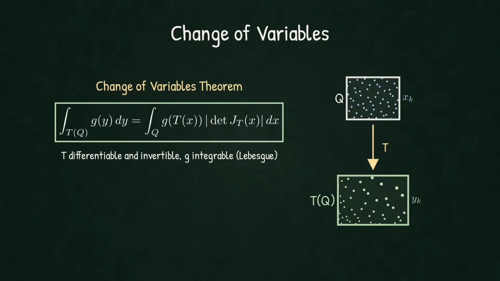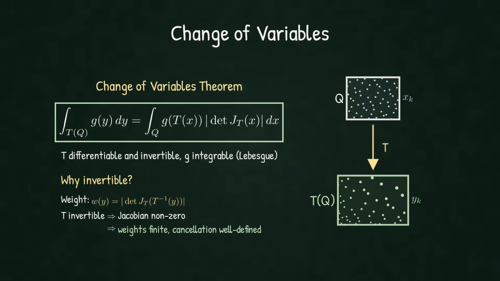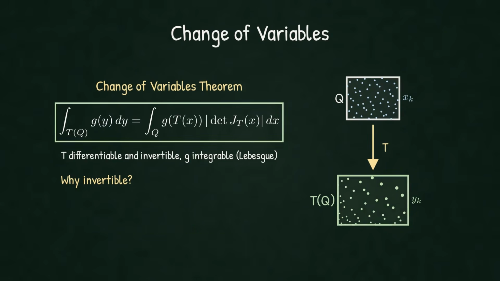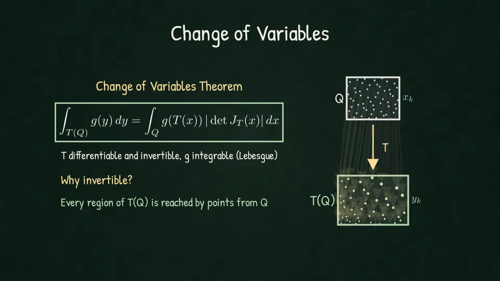This is the change of variables formula for Lebesgue integration, valid for all integrable g and smooth invertible T. Why does T need to be invertible? The weight involves T inverse, and invertibility means the Jacobian is non-zero, so the weights stay finite and the cancellation is well defined. Plus, every region of T of Q can be reached by points from Q.